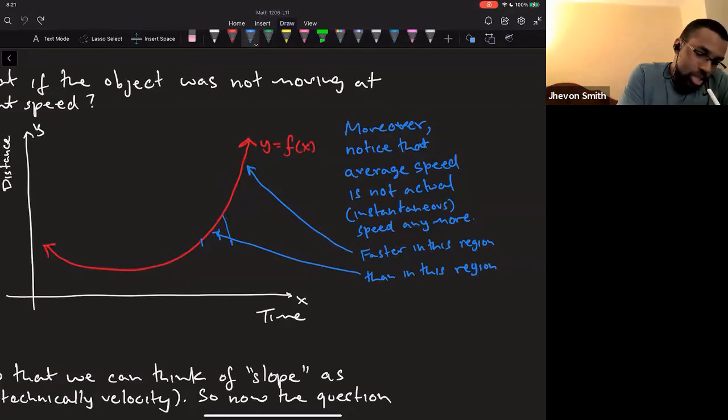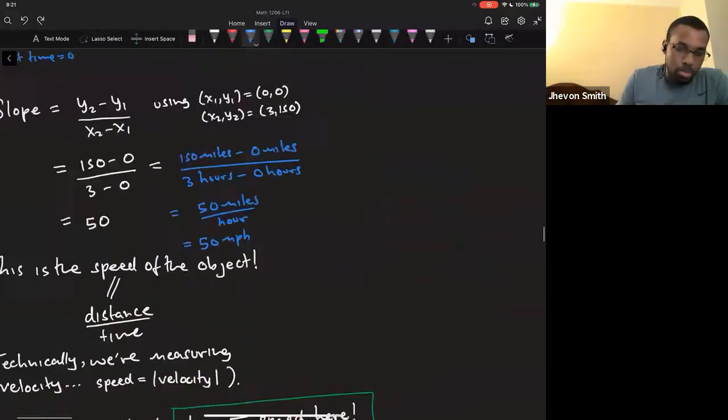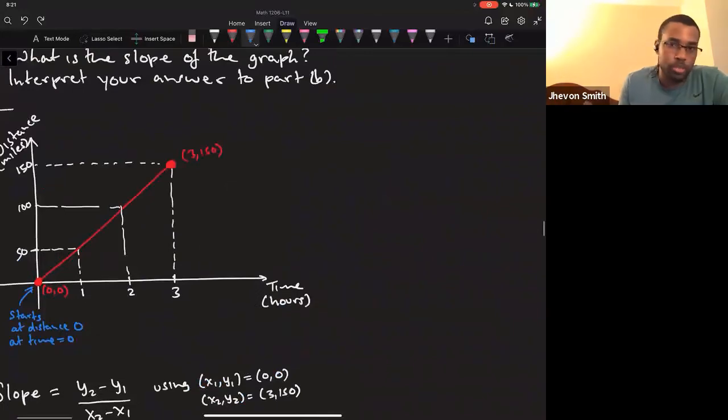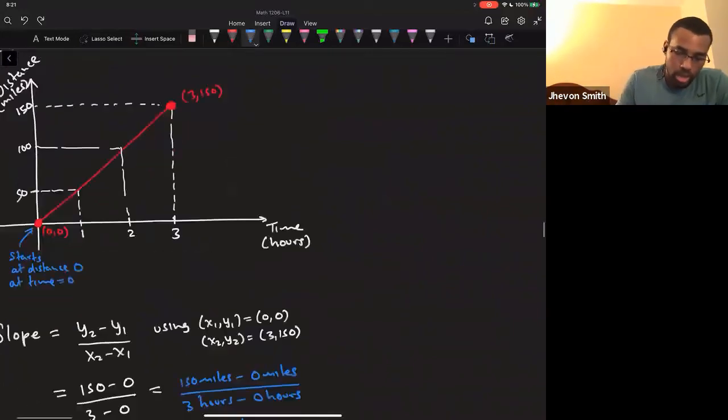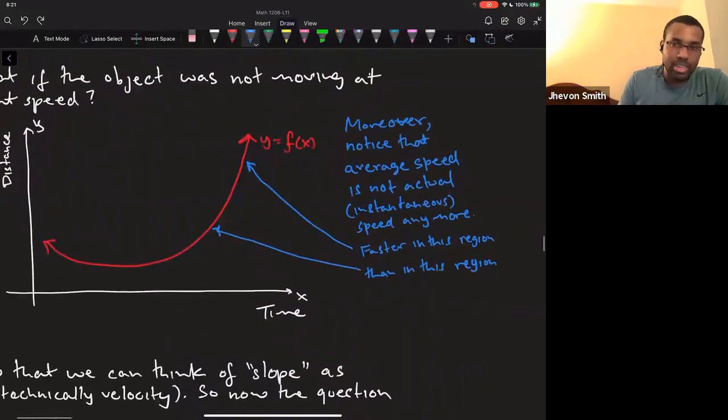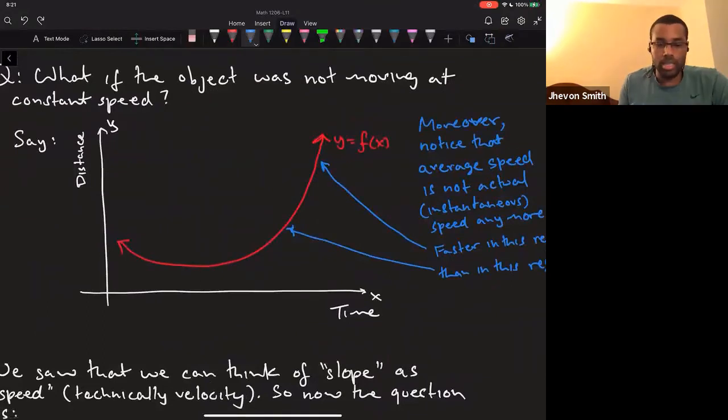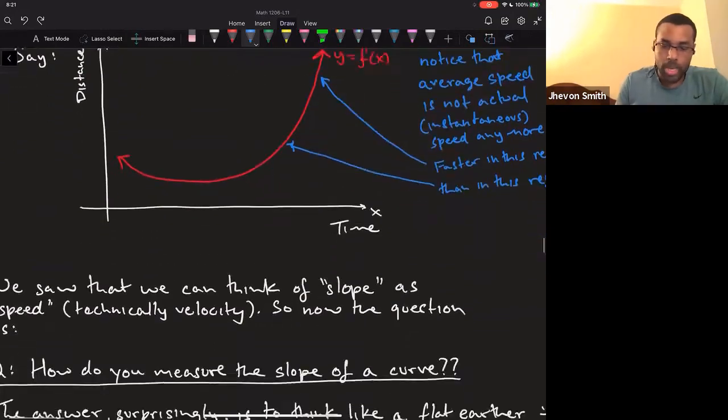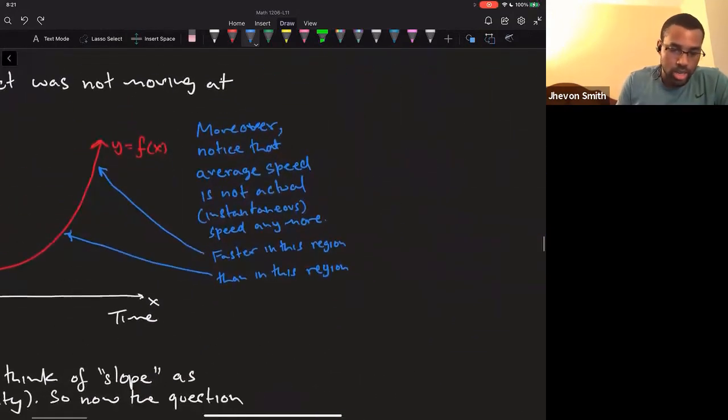So this average speed, whereas this number 50 could completely describe the speed of this object because it wasn't changing, now that average isn't good enough because this thing is moving faster at certain times. It's moving slower at other times. So the thing we are interested in is instantaneous.